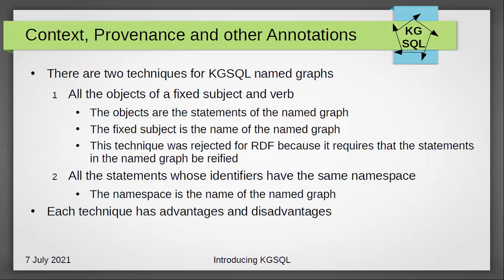And that was actually considered as a possibility for named graphs in RDF. But it was rejected for kind of obvious reasons, that you'd have to reify all of the statements in order to be able to do this. And they decided that, well, that's just much too inefficient. So instead, what they did was to specify this notion of a named graph.